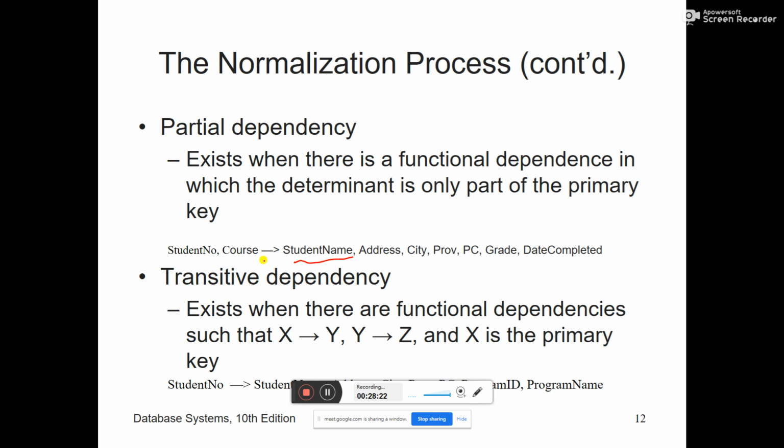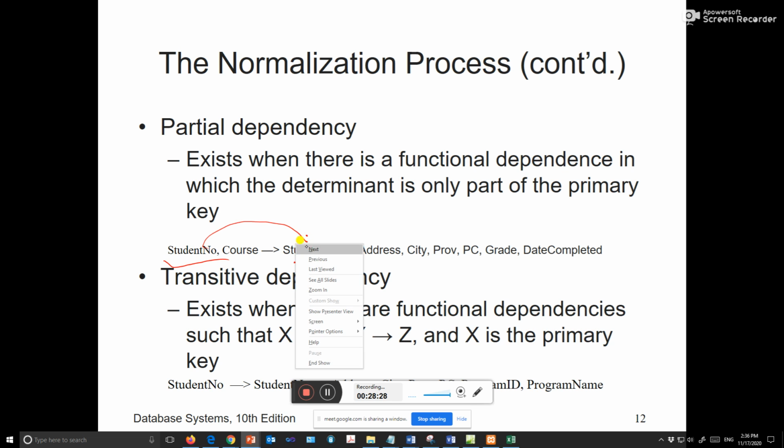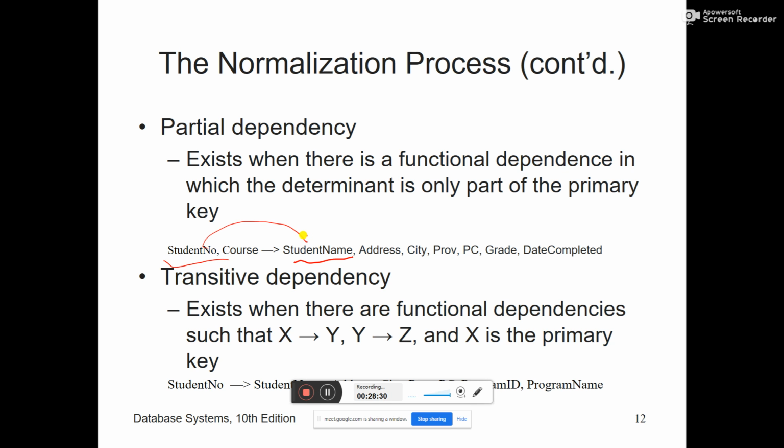Student name depends on student number, we have this dependency here, but it has nothing to do with course. So here what we say, if we have a table in this form which has these two attributes as primary key and these are non-prime attributes, there is what? There is partial dependency. Okay, got my point?